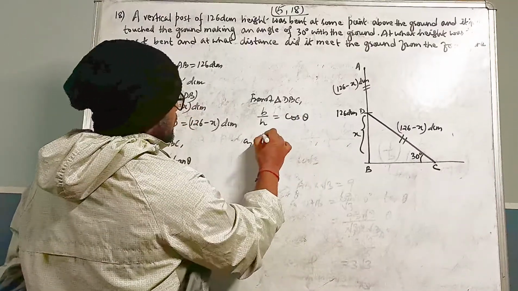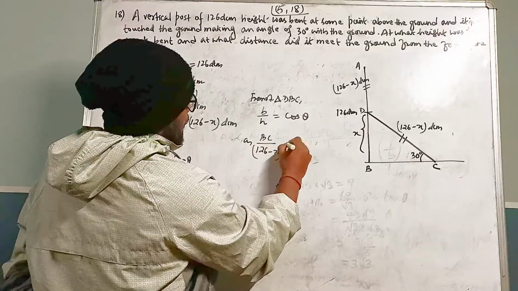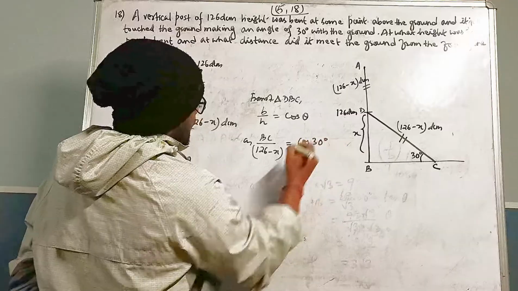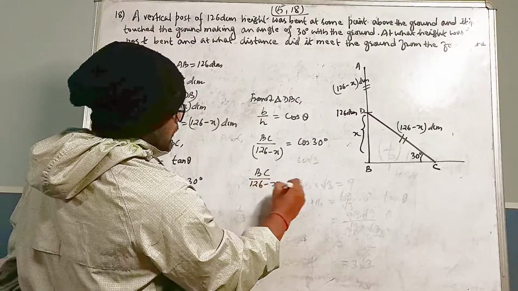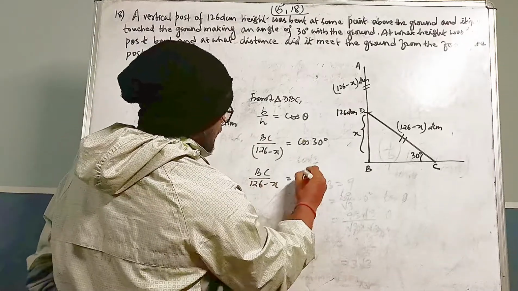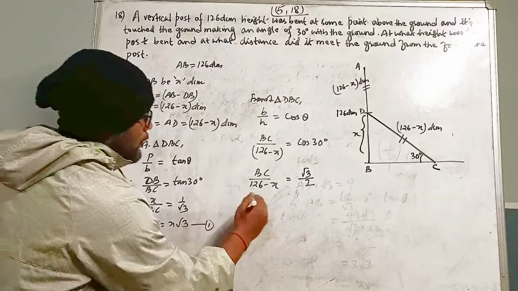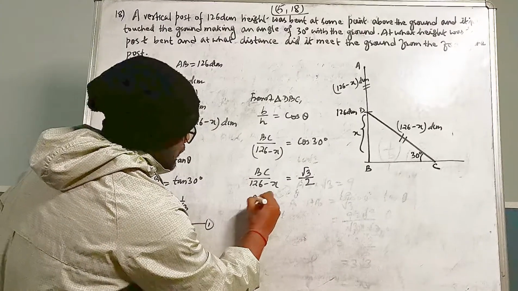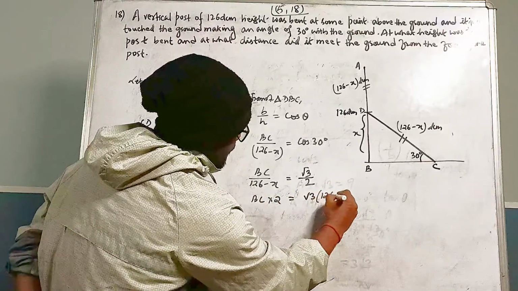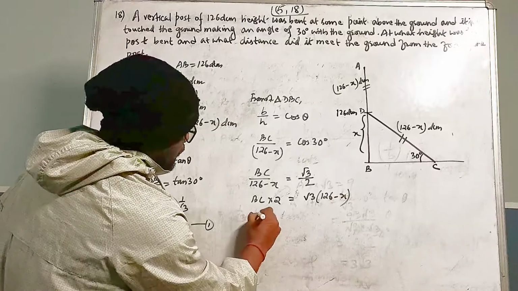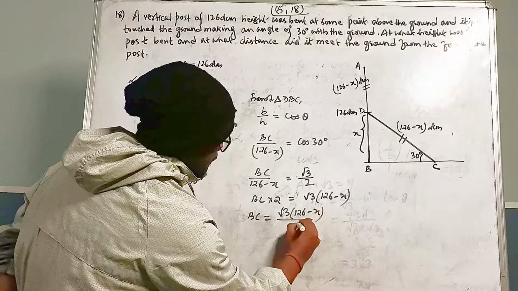So base BC, hypotenuse is here 126 minus x and cos 30. Okay, so it is very clear, dear students, that the value of cos 30 becomes root 3 by 2. So from here you find the value of BC. You just cross multiply it. So BC equals root 3 into 126 minus x divided by 2.